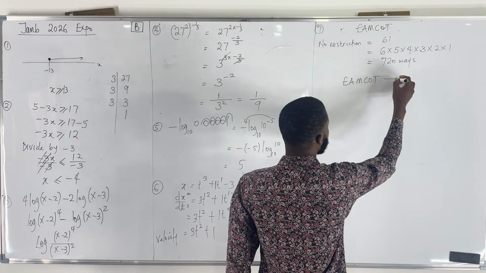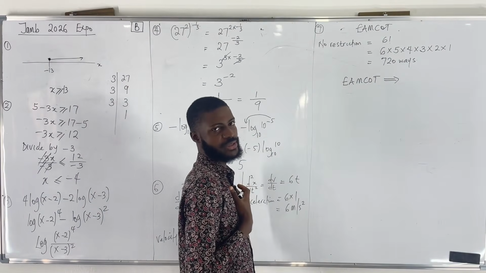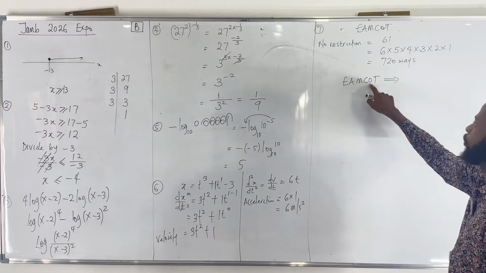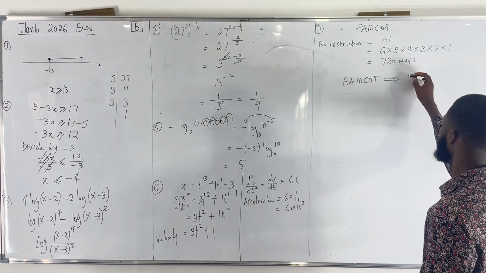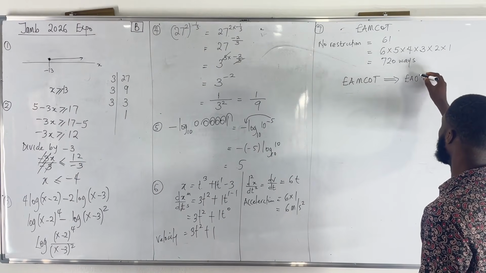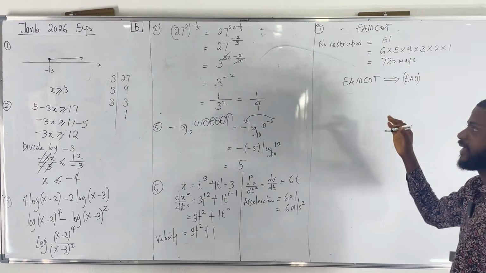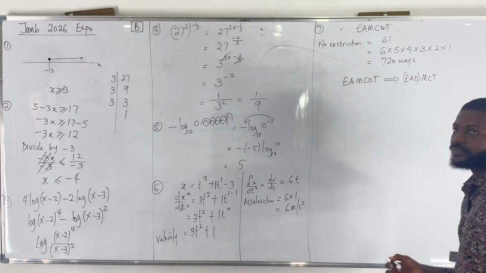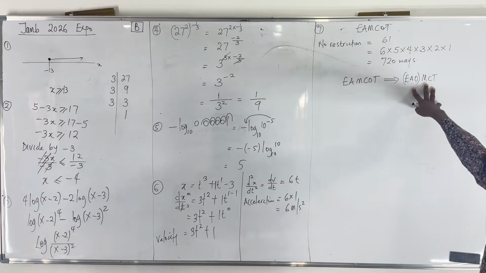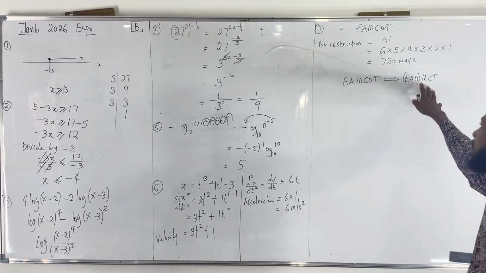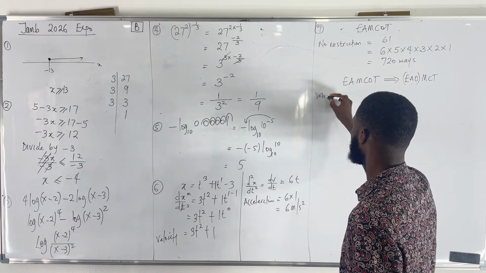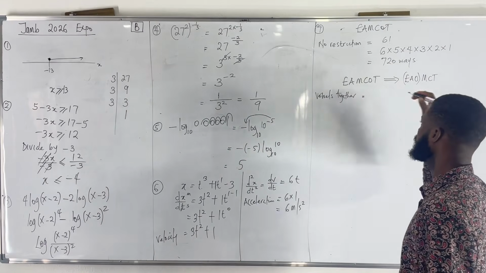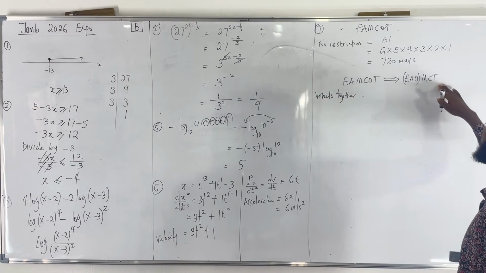Let's write it again, EAMCOT. Now this time around, I want all the vowels to be together. So we have E, A, and O. These are the vowels. We want them to be together, and what's going to be left is M, C, T. Now, how many ways can I arrange this with the vowels together?